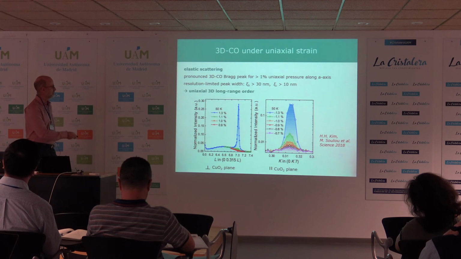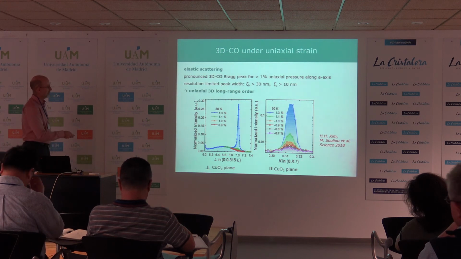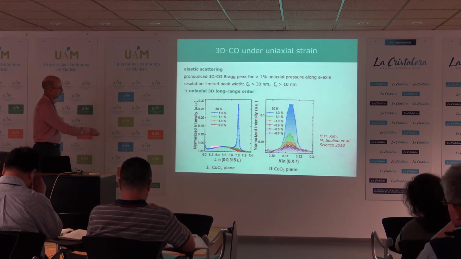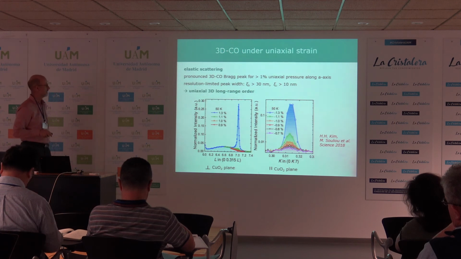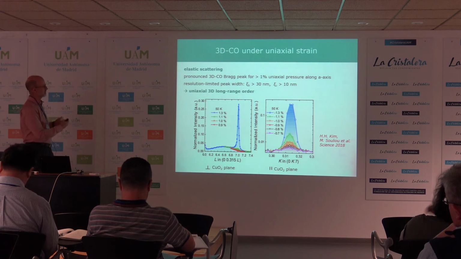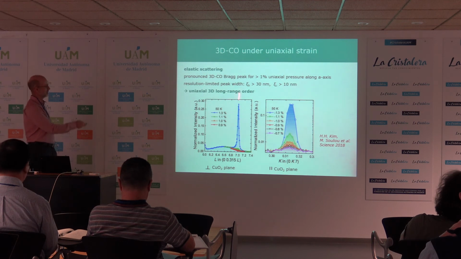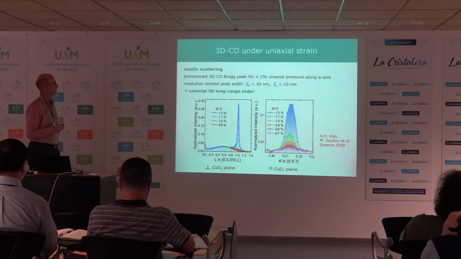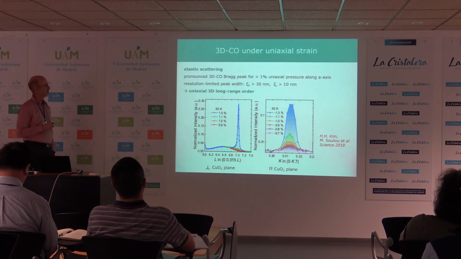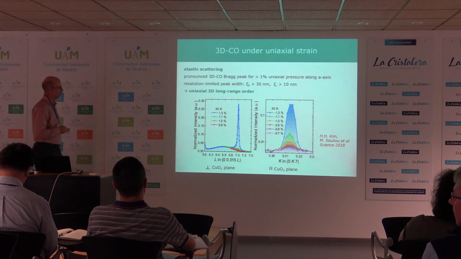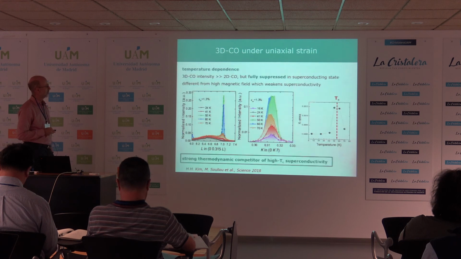Okay, and what we found is that we reproduced the two-dimensional charge order in the absence of strain, but when the strain reaches about 1%, a huge Bragg reflection comes up. Okay, that's even sharper than in the high magnetic field experiments. So it indicates a correlation length exceeding hundreds of angstroms. Okay, so just by application of strain in the right direction, you can stabilize three-dimensional long-range order.